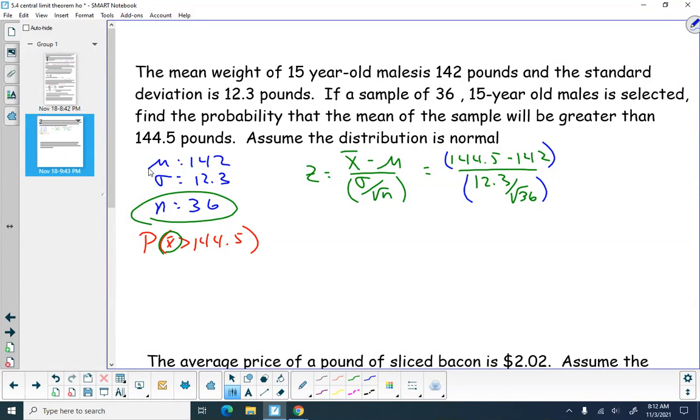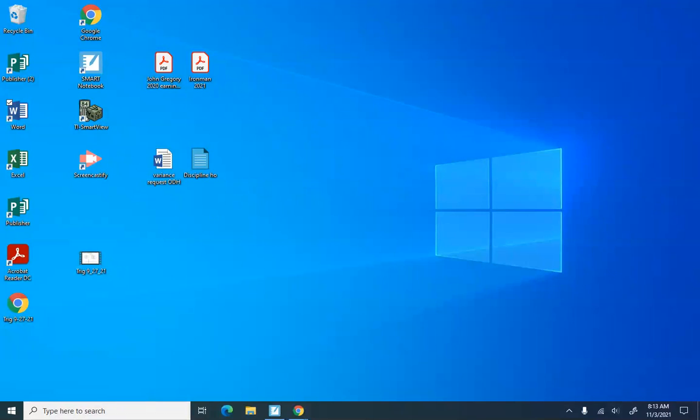You can still quantify your top and your bottom and do one fell swoop of a z-value. Or if you want to just subtract the two on top, that is fine. Hit enter like you did before. But when you divide, you have to divide by the standard deviation divided by the square root of n.